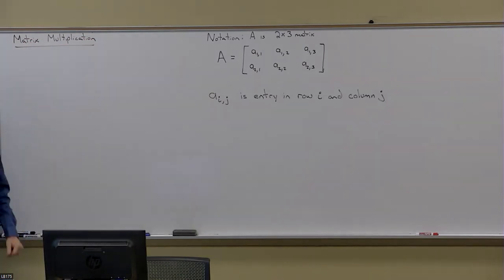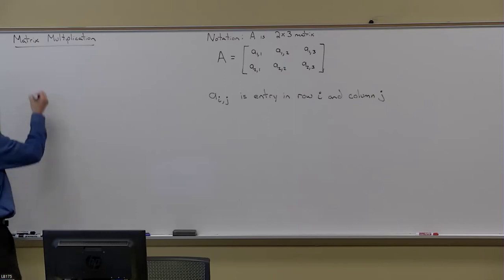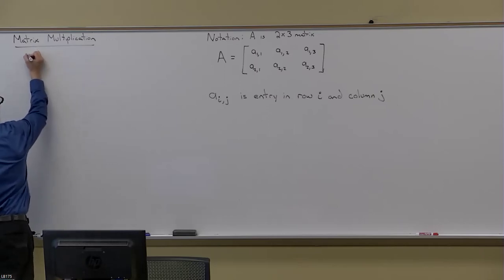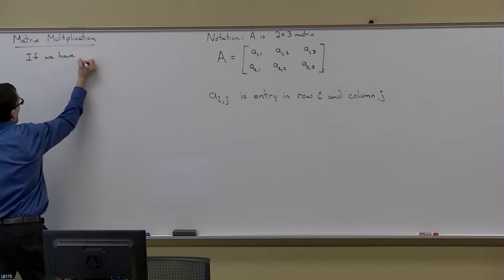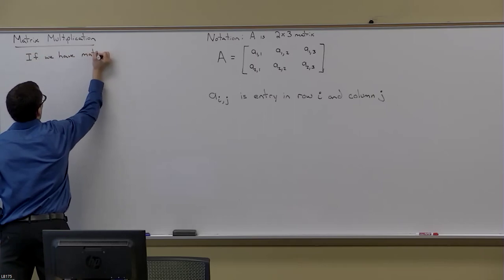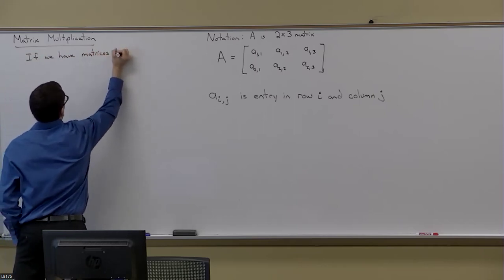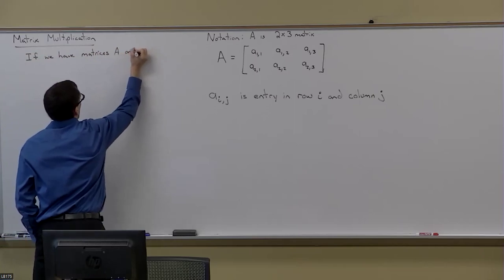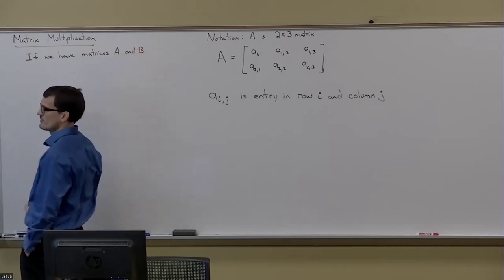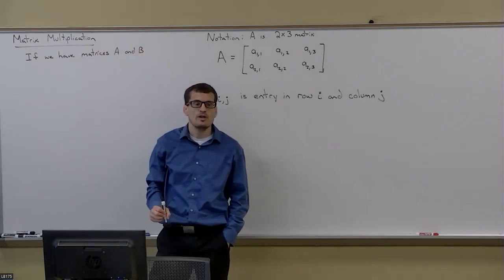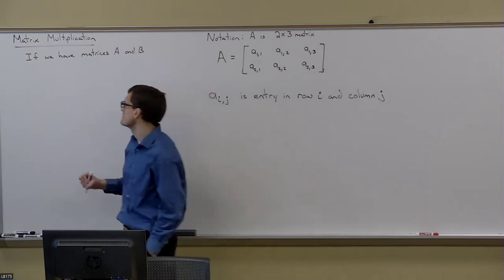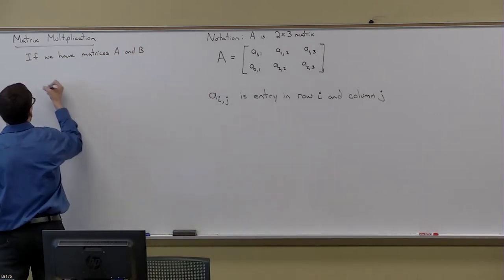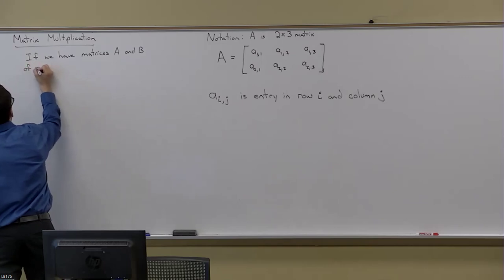Okay. If I have two matrices, then when we multiply A times B, well, let me say it this way.